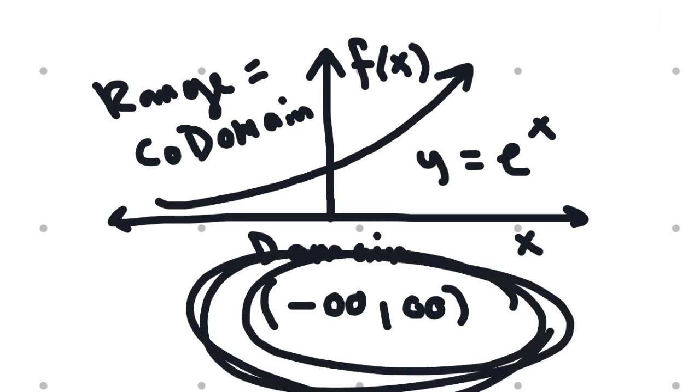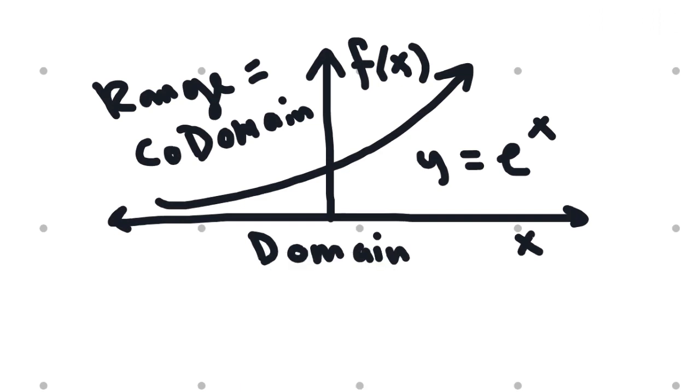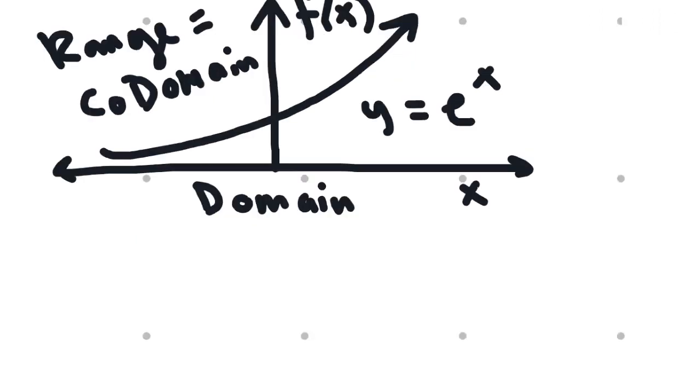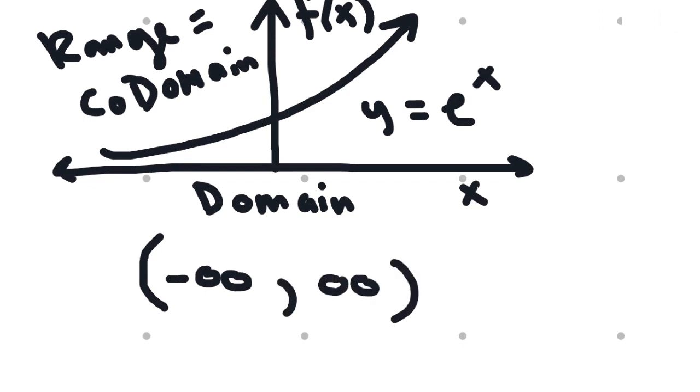That's the interval notation. It should be obvious what interval notation is. I just erased it for a second on purpose. But an infinity always gets a parenthesis because it's not a point. It's interval notation: negative infinity, comma, infinity, and parenthesis. That just means the domain is negative infinity to infinity.